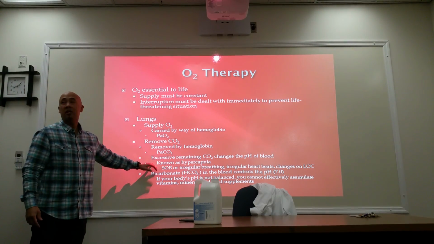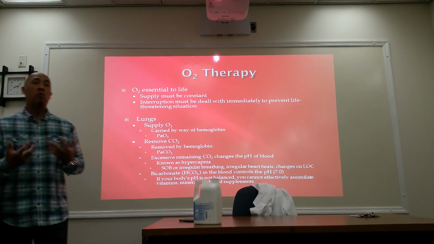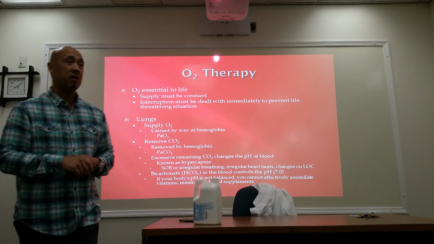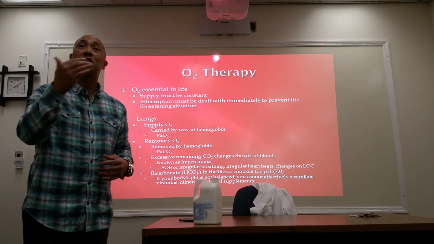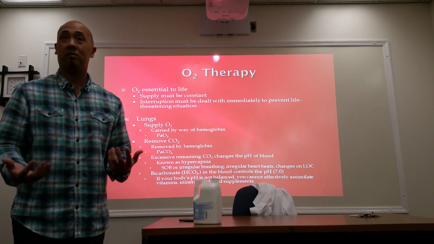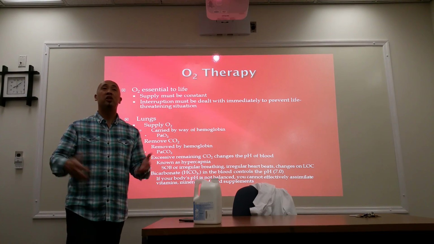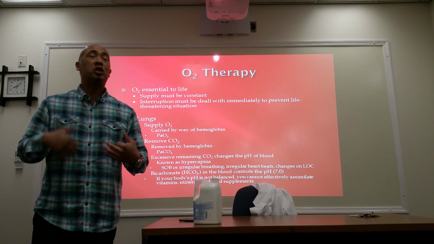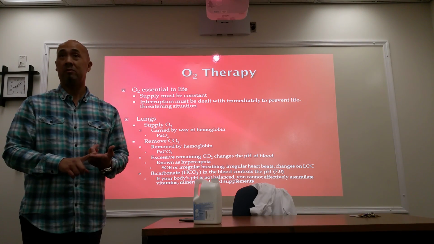If you have too much carbon dioxide in your body, it can cause irregular breathing because you get short of breath. Essentially, if you have too much carbon dioxide, that means you don't have enough oxygen. And what we've talked about in the past is if you don't have enough oxygen in your body, it triggers the mechanism where you start to breathe a little bit faster. You guys remember that?